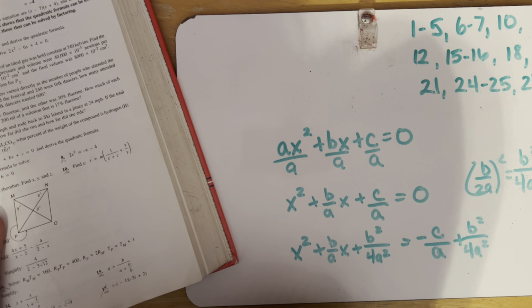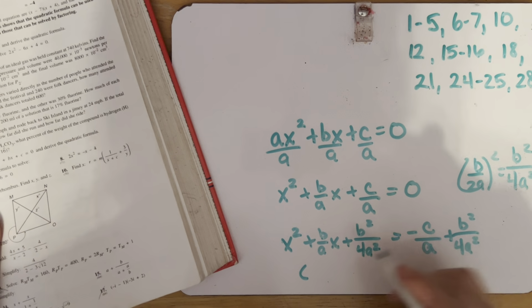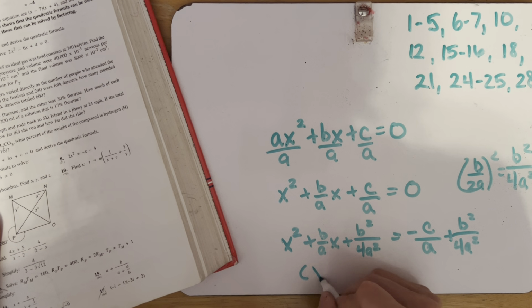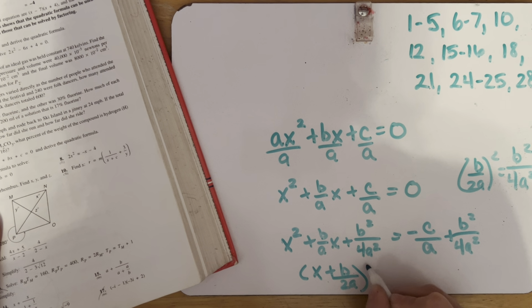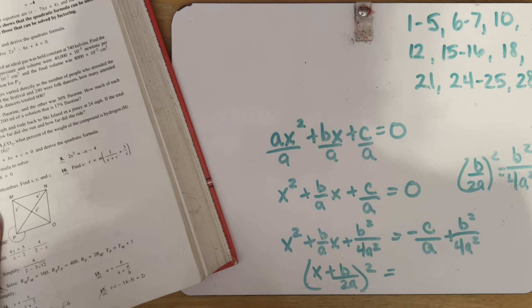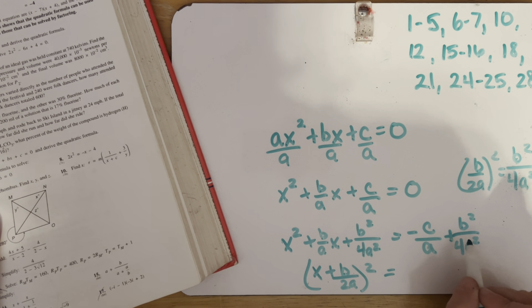Okay, now I'm going to have x plus b over 2a, squared, equals. Okay, now I have to take, well, I guess I could still write out this whole thing.